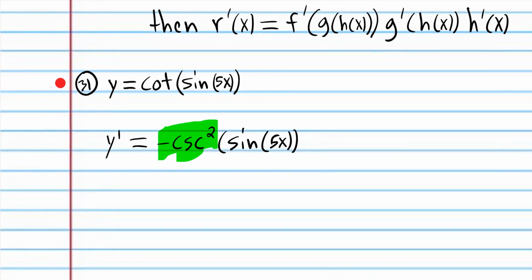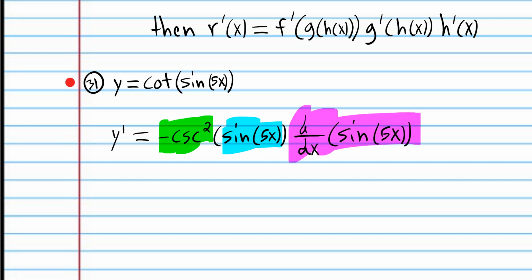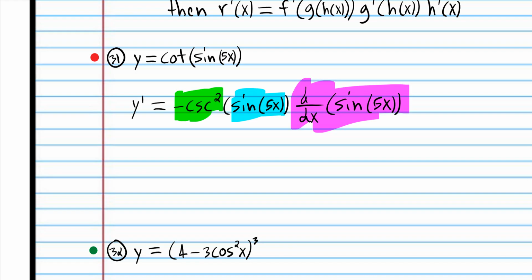So derivative of the outside function, keeping the inside function unchanged, and then we're going to multiply by the derivative of the inside function. So that's it. It's a chain rule.